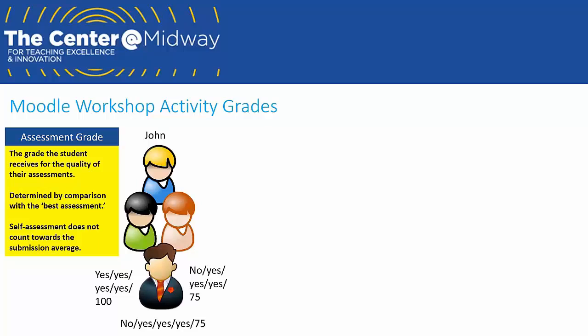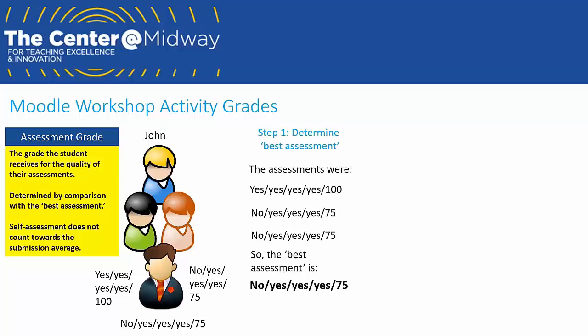It looks at all the assessments that are given, and it tries to figure out what is the most commonly given assessment. So in this instance, where one person gave an assessment of yes, yes, yes, yes, and the other two people gave an assessment of no, yes, yes, yes, the best assessment is going to be no, yes, yes, yes.